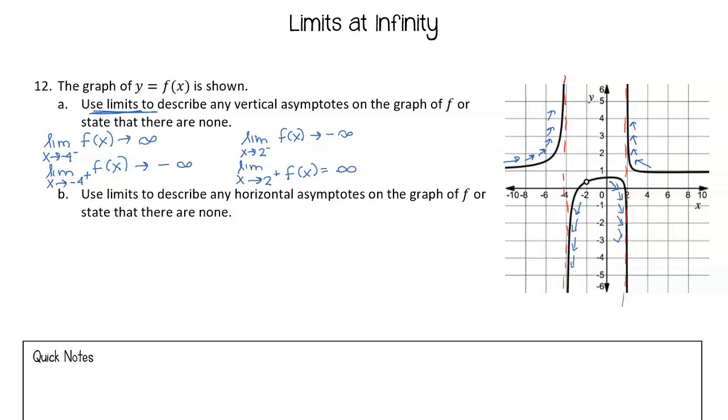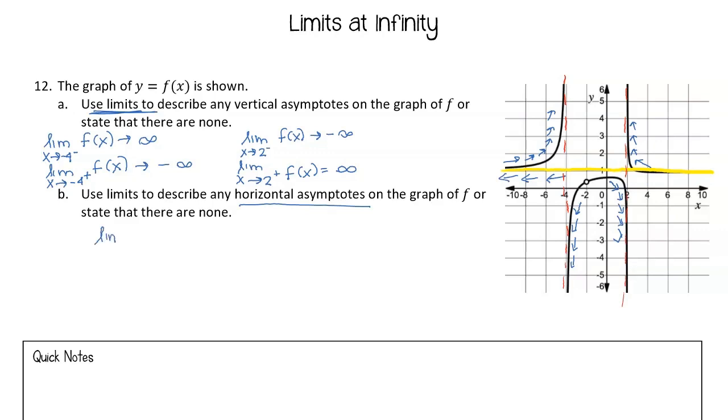Now, this next problem says use the limits to describe any horizontal asymptotes. Horizontal asymptotes are really looking at end behavior. It looks to me like we have a horizontal asymptote right at y equals 1. We'll first look at this graph as we approach negative infinity.